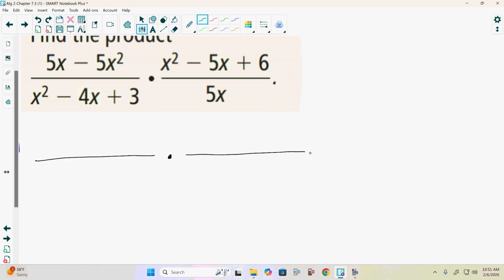Out of the 4 spots, there's one that's not going to factor at all in any way, shape, or form. Which one would that be? The bottom fraction on the left, the 5x. It's a single term. There's nothing we can do with it. It's factored.